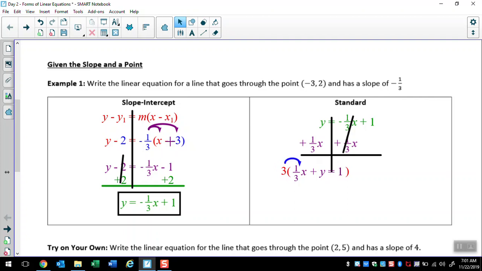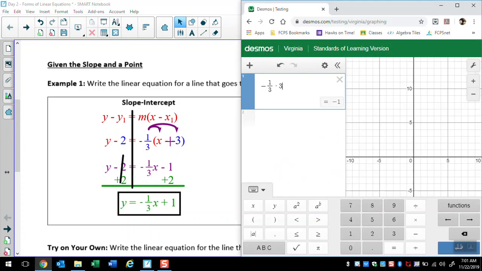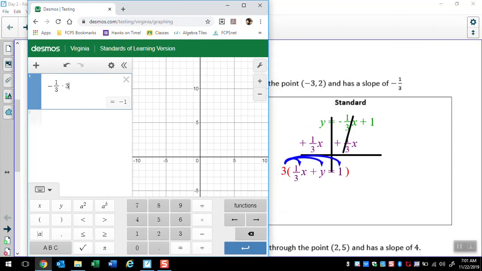So I'm going to do 3 times 1/3 x, 3 times y, and 3 times 1. When I do the 3 times 1/3 x, again, I can go to my calculator. I can do 3 times, make my fraction for the 1/3, and we get 1.